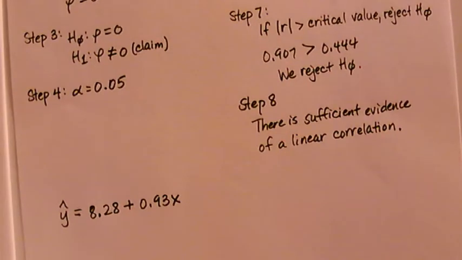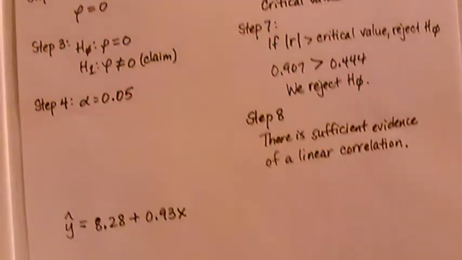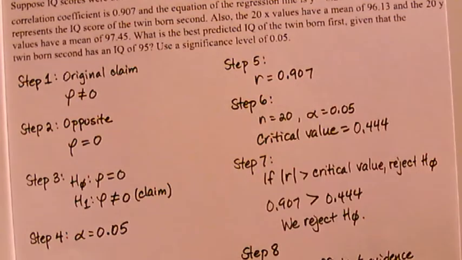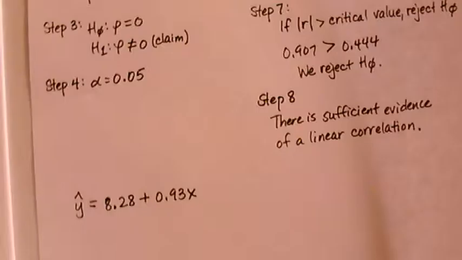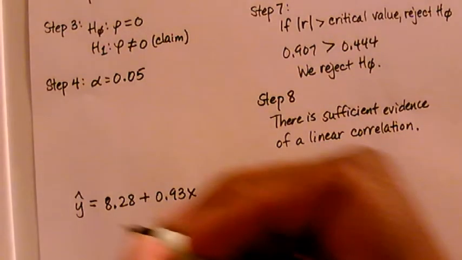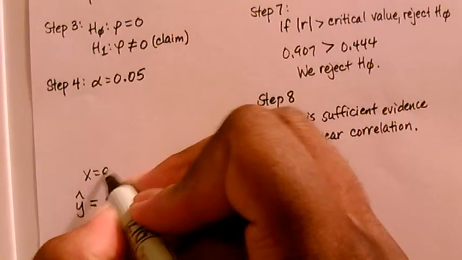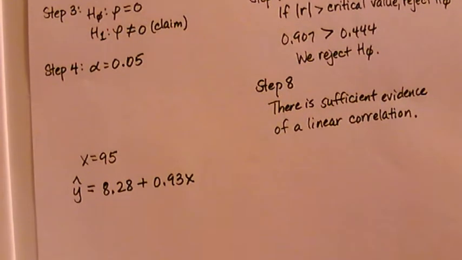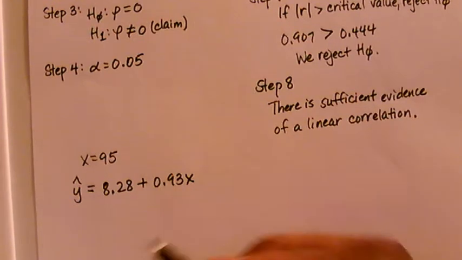Okay, that's our regression equation. And we're told to find the best predicted value of the twin born first, given that the twin born second has an IQ of 95. So in this case, x is equal to 95. So we just substitute the 95 in for x.